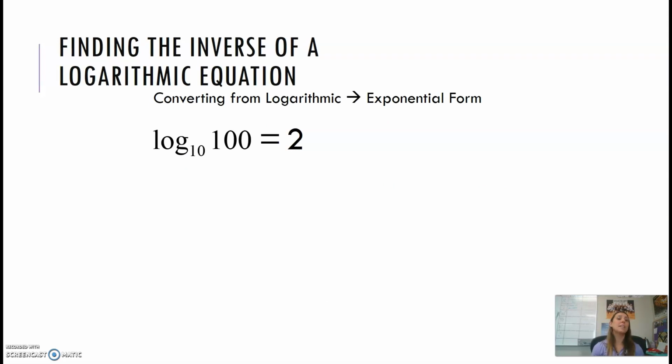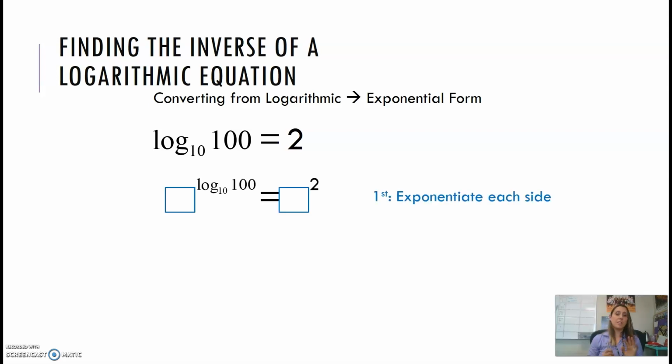When you're finding an inverse of a logarithmic equation, we're going to convert from logarithmic to exponential. The first thing we do is exponentiate each side, meaning we turn each side into an exponent.